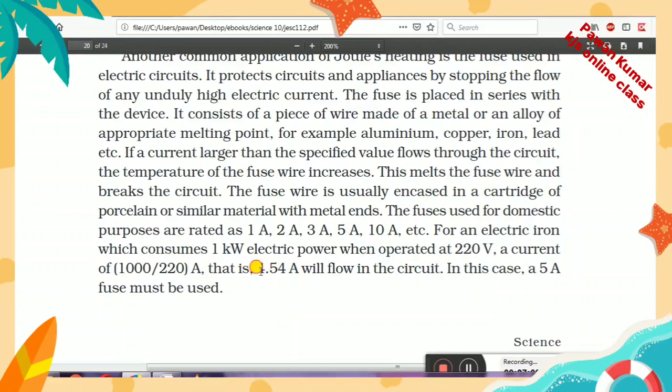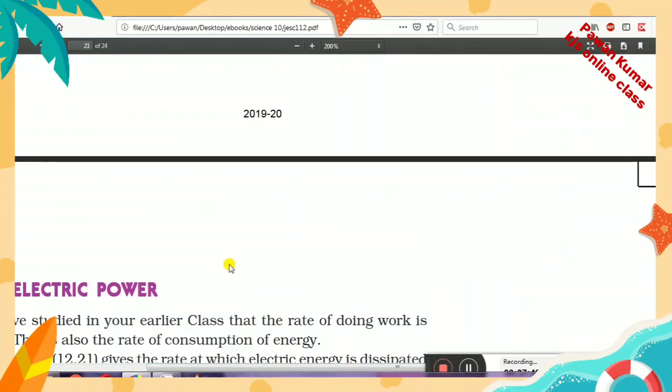Now suppose if you want to protect this electric iron, then which fuse you will use? Will you use 1 ampere fuse or 2 ampere? Then our answer will be none of these. We will use 5 ampere fuse because we want that current should not exceed this value. Current should remain lower than this value. Okay. In this case, a 5 ampere fuse will be used. So this was all about fuse.